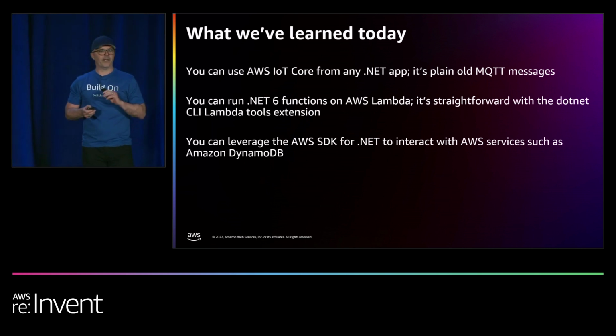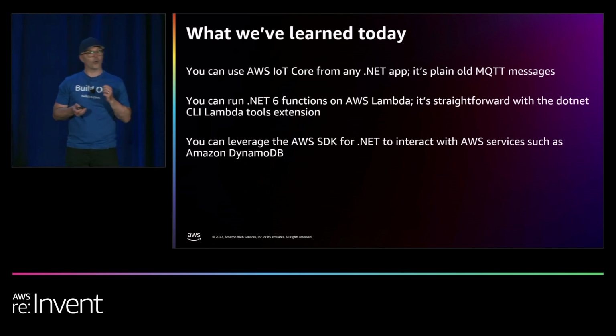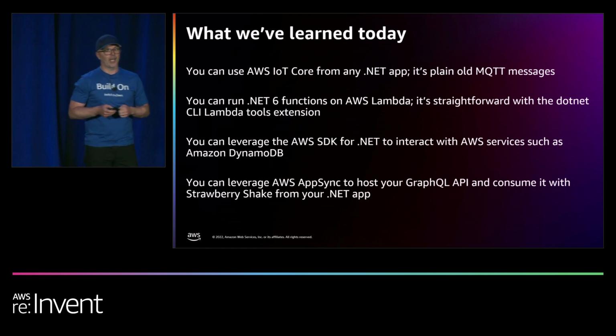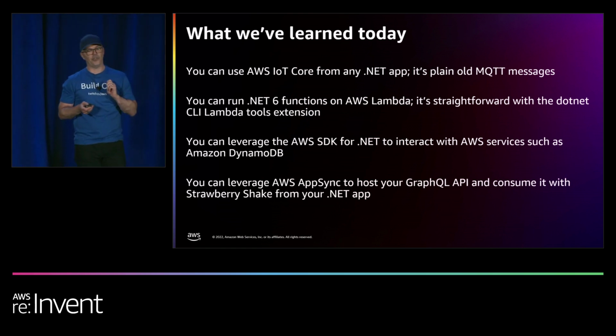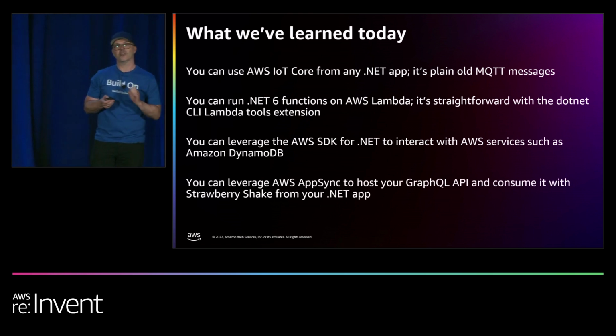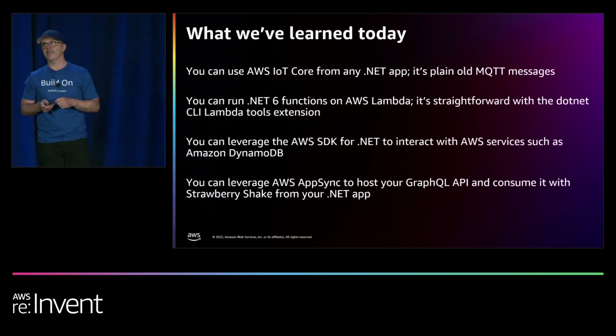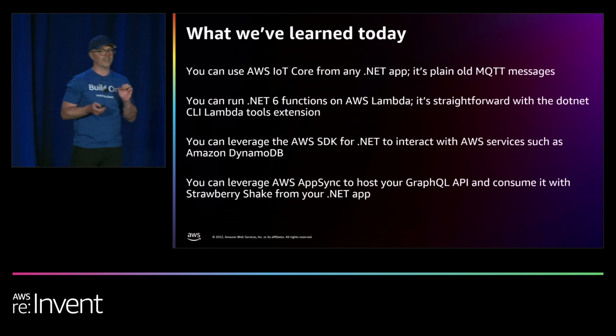You can also leverage the AWS SDK for .NET to interact with AWS services, such as Amazon DynamoDB. And you can use AWS AppSync to host a GraphQL API and consume it with Strawberry Shake to get real-time notifications into, as we did, the dashboard. All of this is possible, and we've just showed you how.